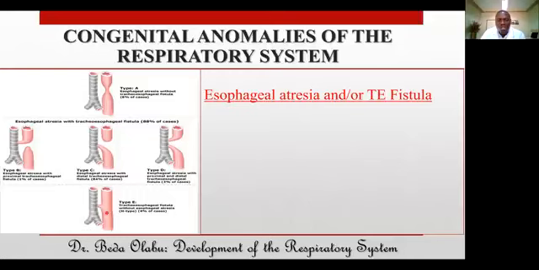Then the last one has abnormal communication between the trachea and the esophagus. So it's a tracheoesophageal fistula, but the tubular esophagus is continuous. So there is no esophageal atresia. You can have esophageal atresia and or tracheoesophageal fistula. That's one entity of malformation.